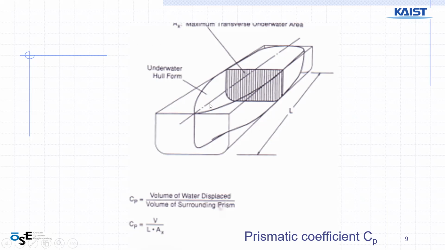For the underwater hull form, CP is defined by volume divided by another volume. That is this box, with CX as the sectional shape.